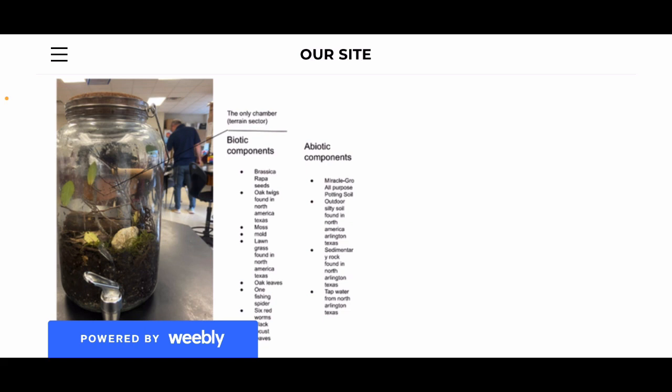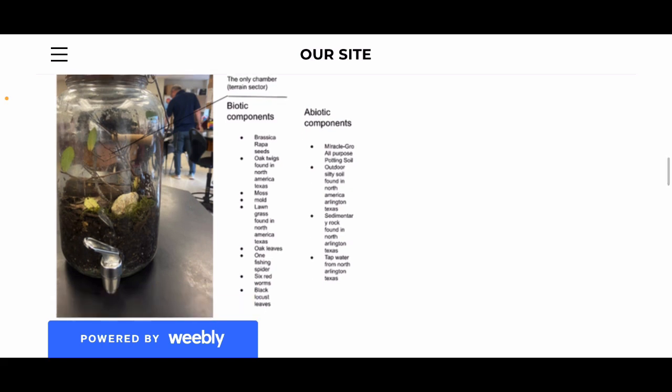There's the 6 worms, 1 spider, the moss, the oak leaves, mold on the cork, which is a bit hard to see, and the black locust leaves. And that's about it for the biotic factors.